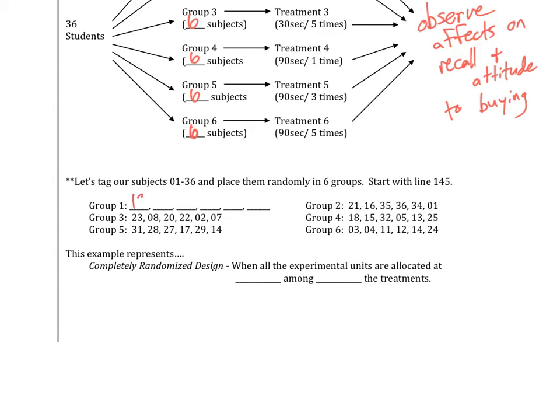So 19 would be the first one picked. After 19, it's 68. 68's too big because it only goes up to 36. After 68 is 71. That's also too big. And then we have 26. All right, after 26 is 33. 33 works.